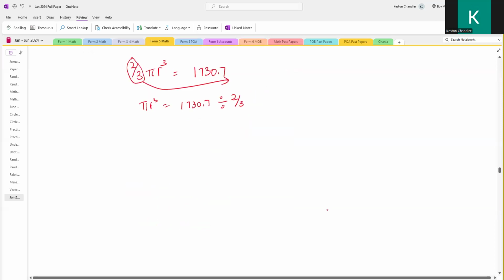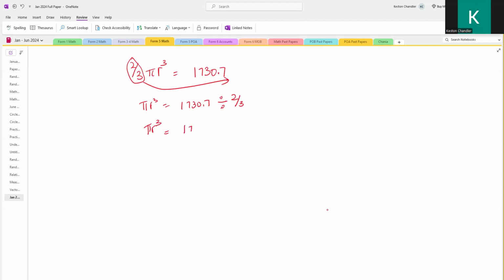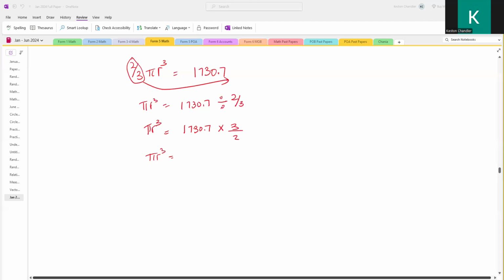Right? I leave this here for now and deal with what we have on this side. So 1730.7 multiply now and flip that fraction. Right, what will you get? Calculator: 1730.7 by 3 divided by 2. You get 2596.05. 2596.05. The next thing is this pi, which is 22 over 7.